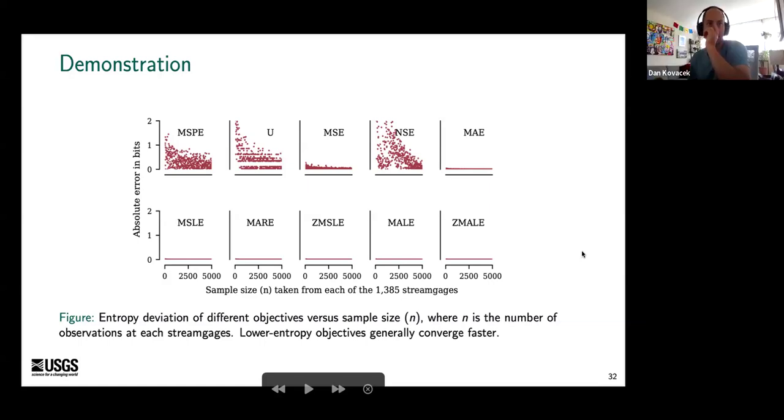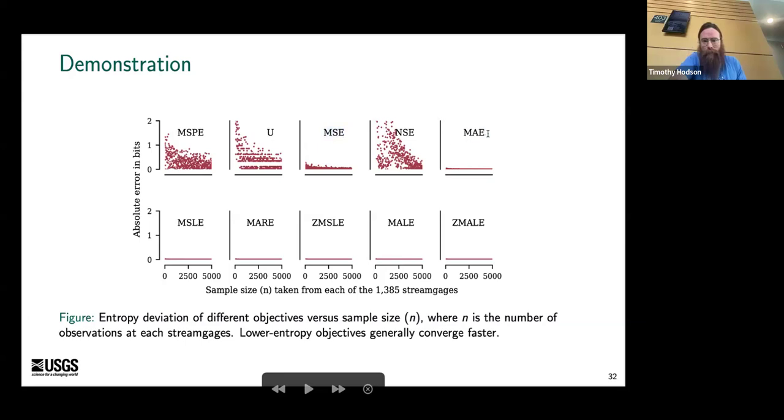So when you compute the entropy of the residuals, I imagine you compute the distribution in discrete form? I'm using the log likelihood here. So for mean squared error, I'm using the normal log likelihood.